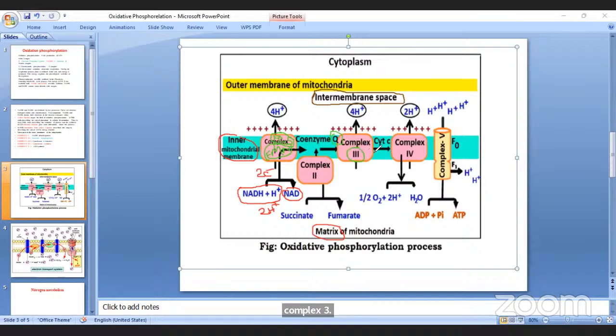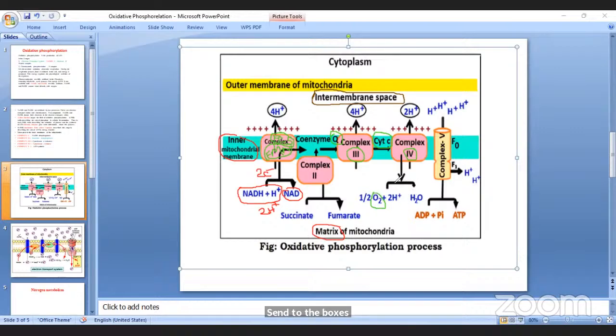From complex 3, the mobile carrier is called cytochrome C. From cytochrome C, the electron is transported to complex 4. From complex 4, finally, it is sent to the oxygen.